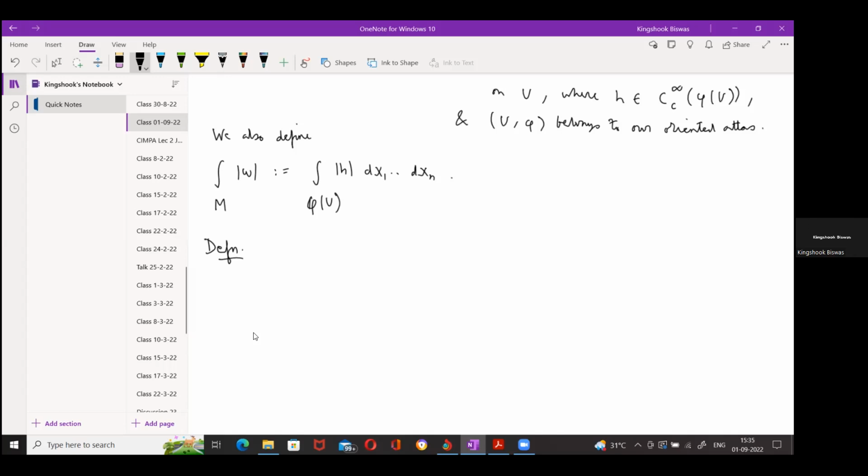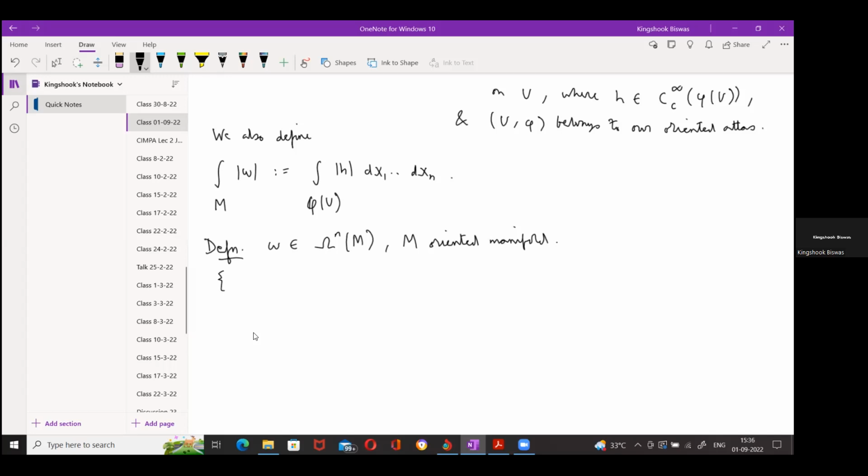So, definition. Omega is an n-form on M, where M is an oriented manifold now, so that means a manifold equipped with an orientation, or equivalently with an oriented atlas.